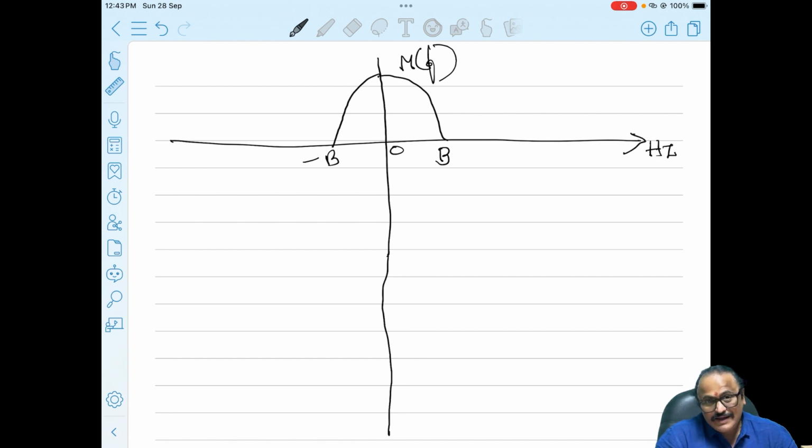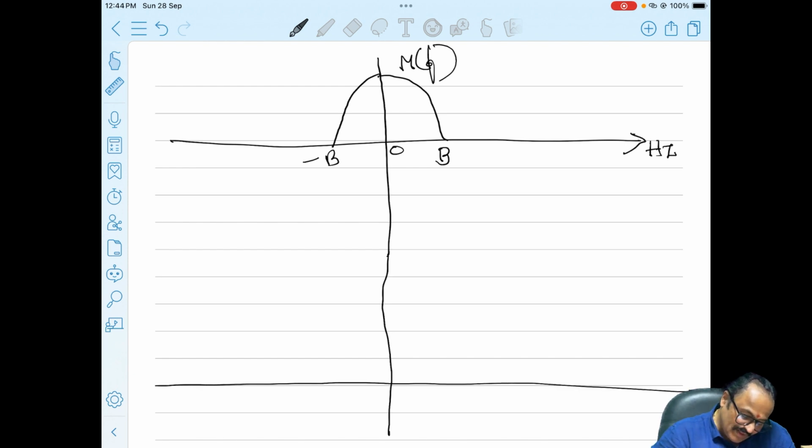Using the shifting property, we get the spectrum of a double sideband suppressed carrier wave, with the frequency omega c. I will write the frequency in terms of fc here and minus fc here. The entire spectrum will be shifted to plus fc and minus fc.